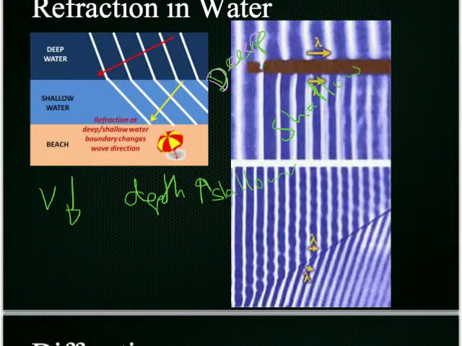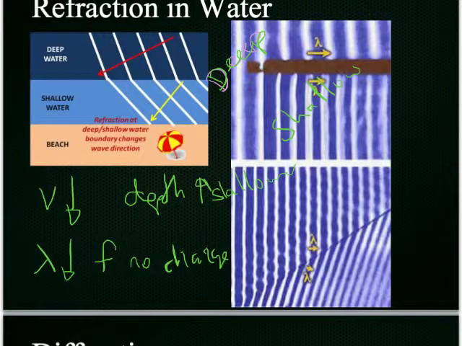So speed goes down, and that actually means your wavelength is also going to go down. Okay? Frequency, there is no change. You can't have a build-up of waves, okay, if the frequency changes.